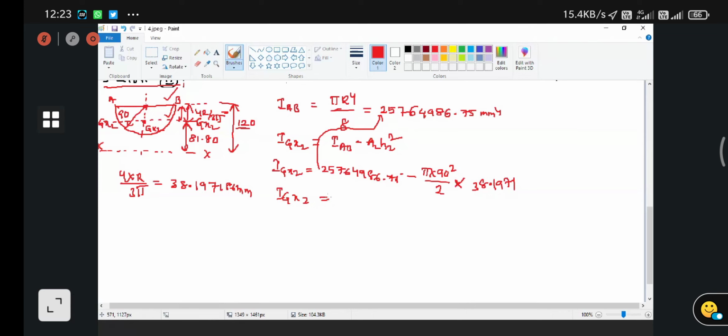If you do it, I am going to get the centroidal moment of inertia as 25278987.85 mm power 4.